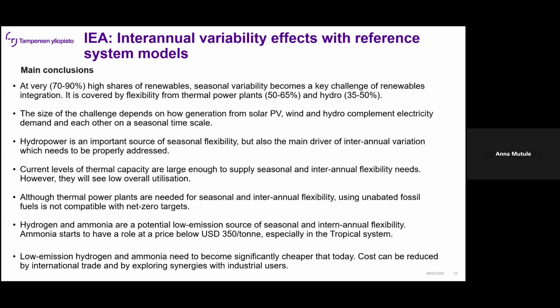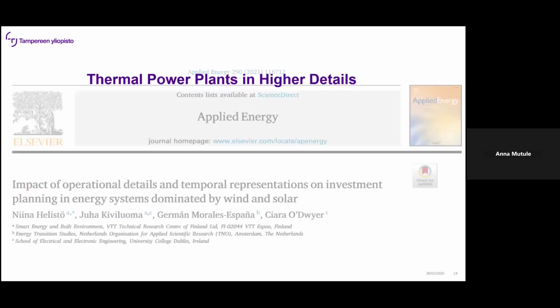All these results can also be found in the report of this project. Another example, just to show maybe in more depth the role of thermal power in the future energy system. Let's look at another example.